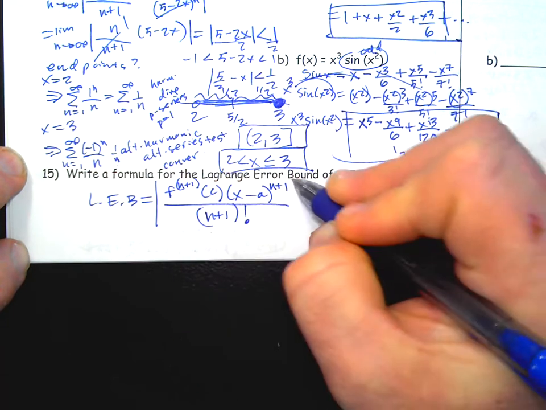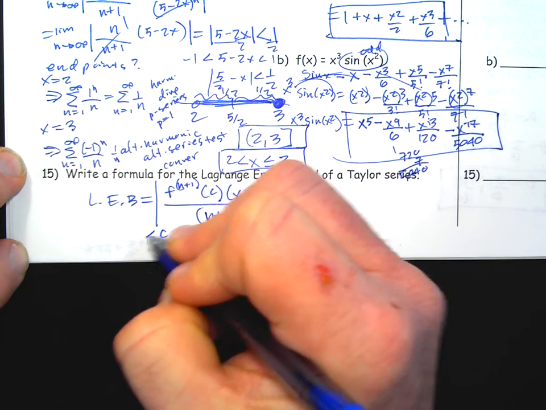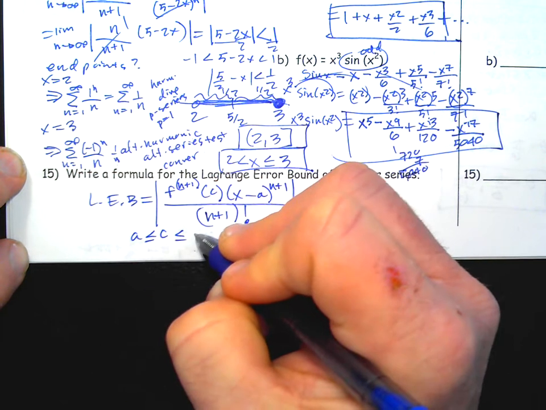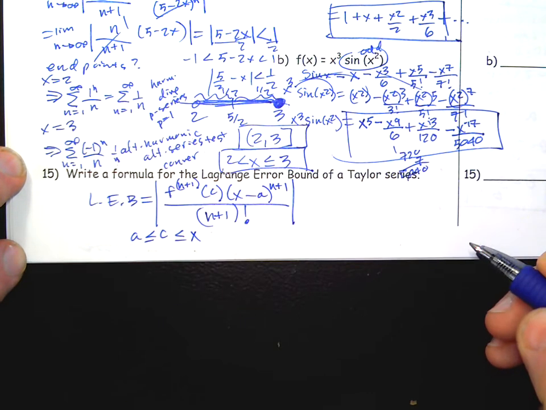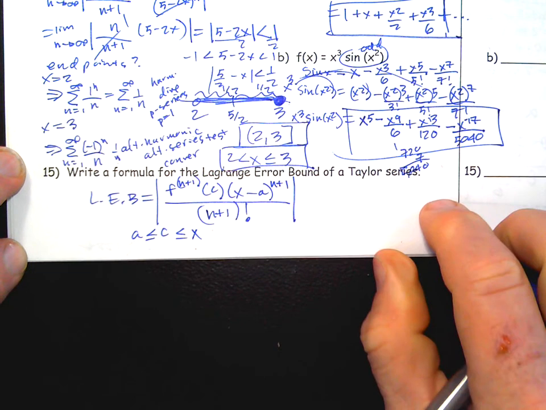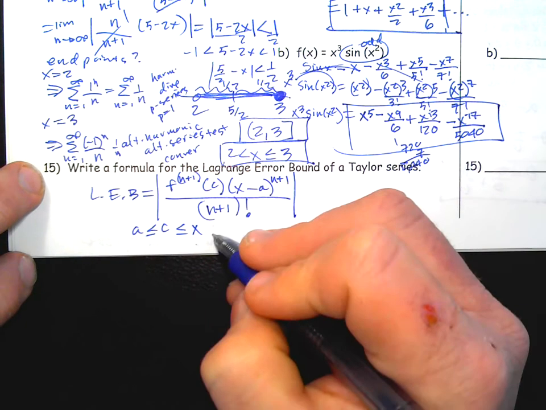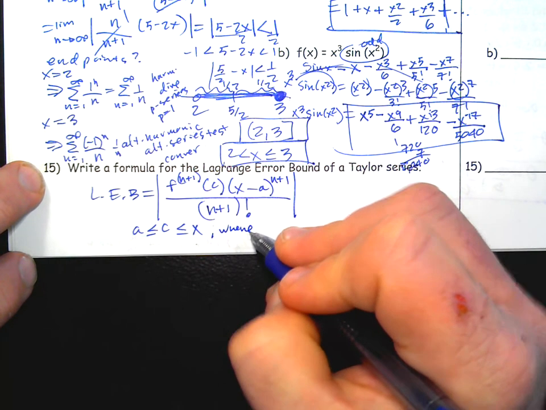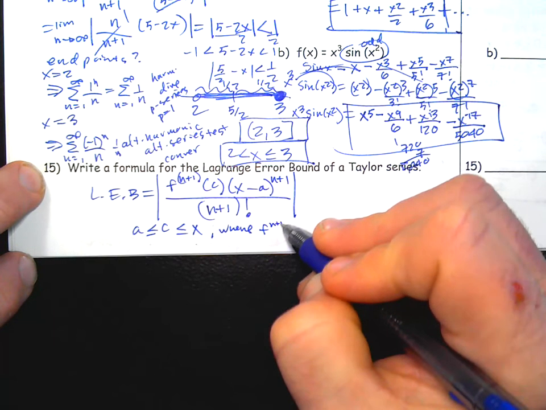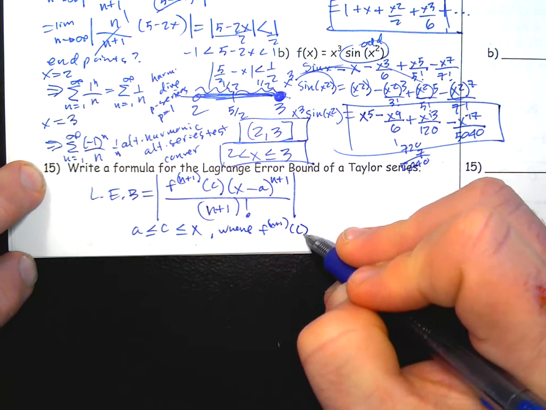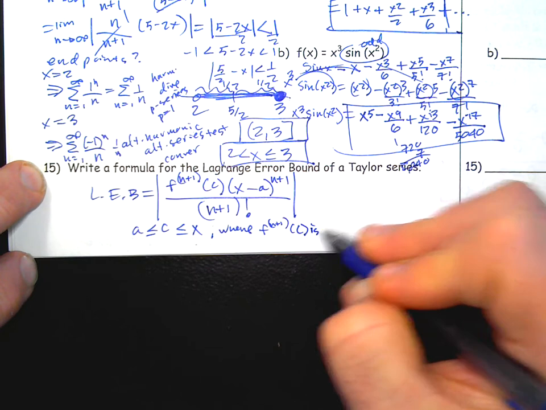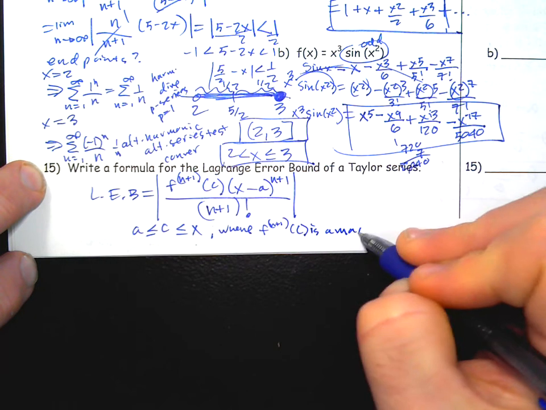You need those parentheses, where c is between the center and the value we're evaluating it at. So you're going to be given all this information. And where f to the n plus 1 of c is a maximum value, okay, because this is the worst case scenario.